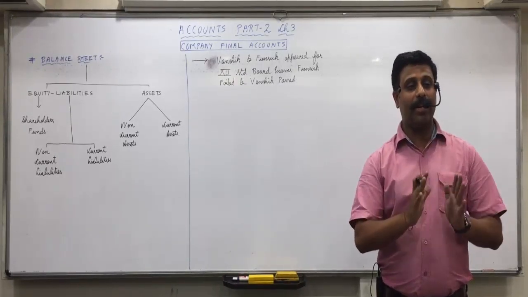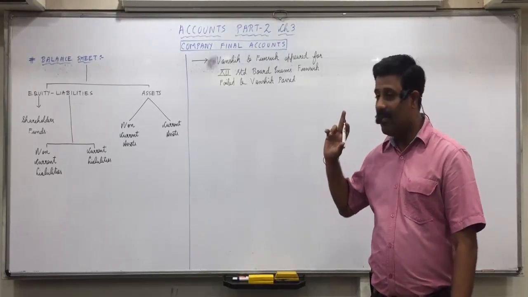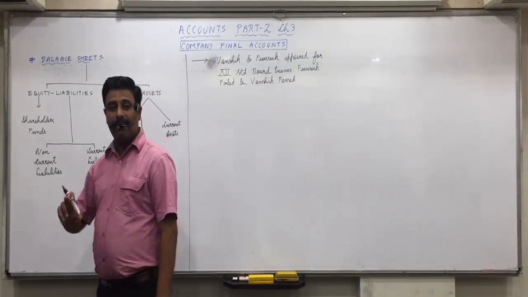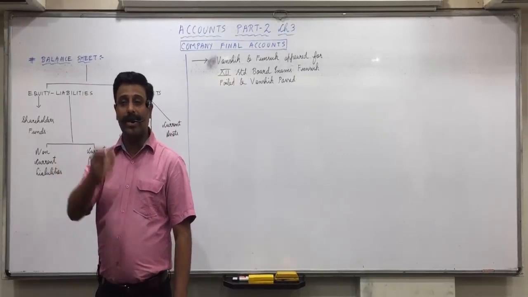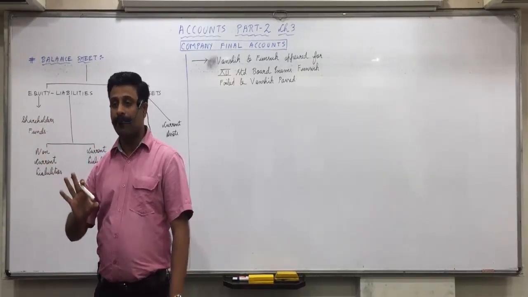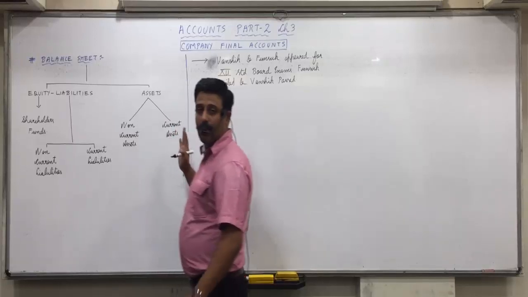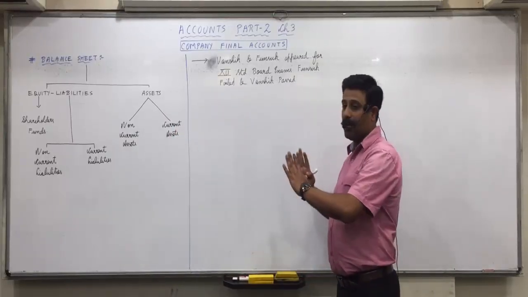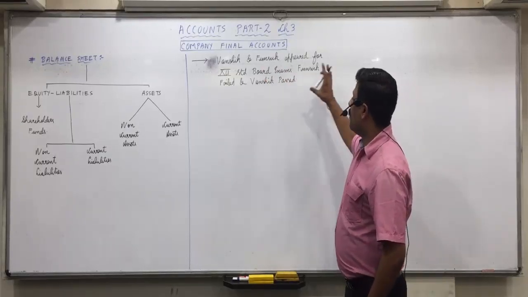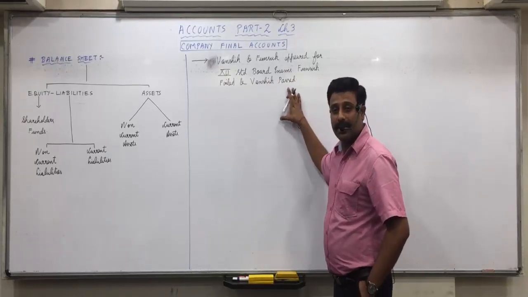Please be attentive because there are 18 things in these 5 things which you need to remember. If you remember those 18 things, the chapter is over today itself. Then we just need to write those 18 things in every question and in fill in the blanks. That is what we are going to do in the next two lectures. So total 18 things we have to remember further, only 5 we have remembered plus 18. Vanshik and Funsuk appeared for 12th standard board exams. Funsuk failed but Vanshik passed.